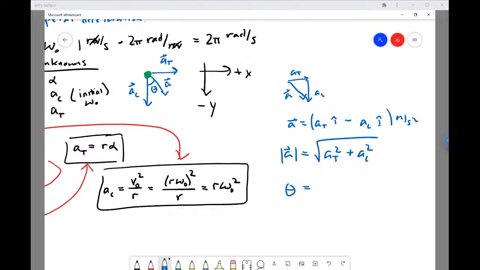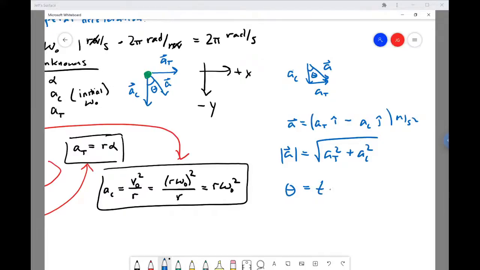Let's see. Well, let me draw this a different way so my angle matches up. So you have A sub c, added to it A sub t. So tip to tail you have something like that. And now my picture matches my angle in these two places. So the tangent of that angle is AT over AC.